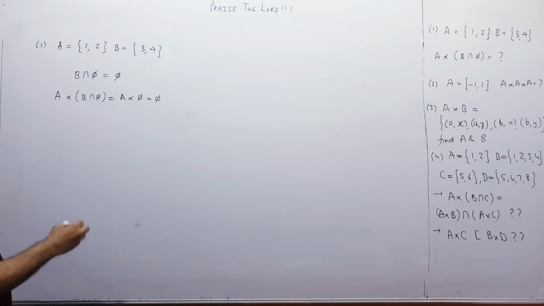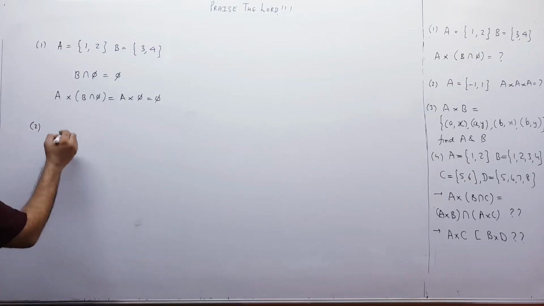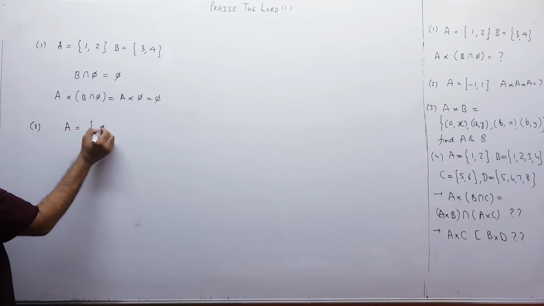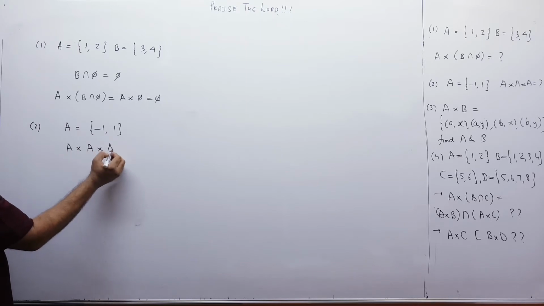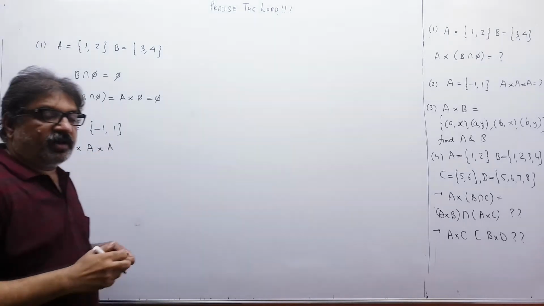So easy. Second one. A is minus 1, 1. We want A cross A cross A. See, this is a triple product, children.